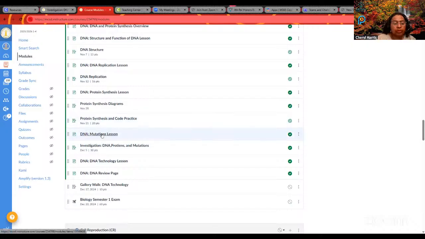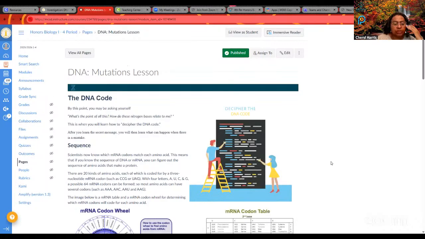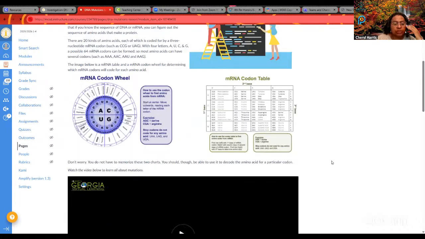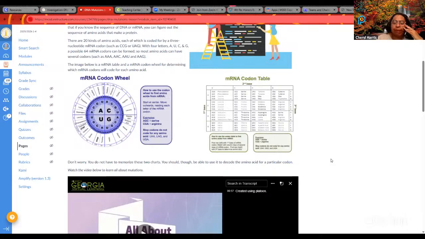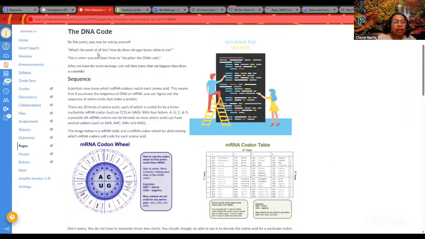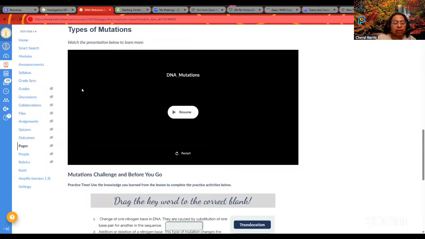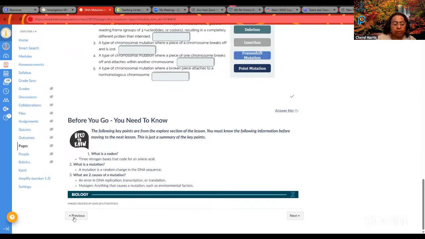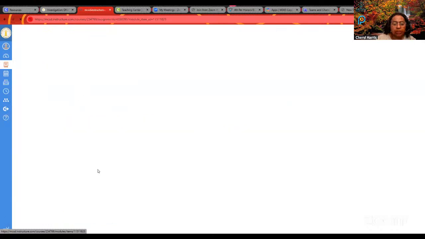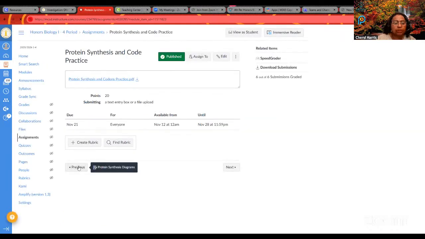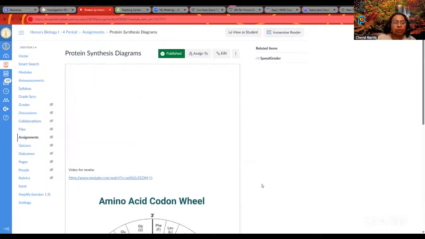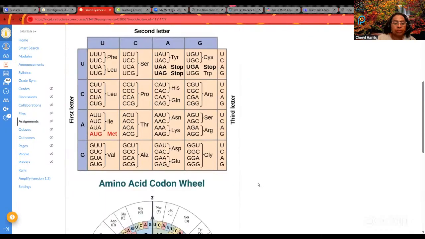If you look at the unit on mutations, these are the codon tables as well. I also have them as pictures from when we did DNA replication. There's another one.